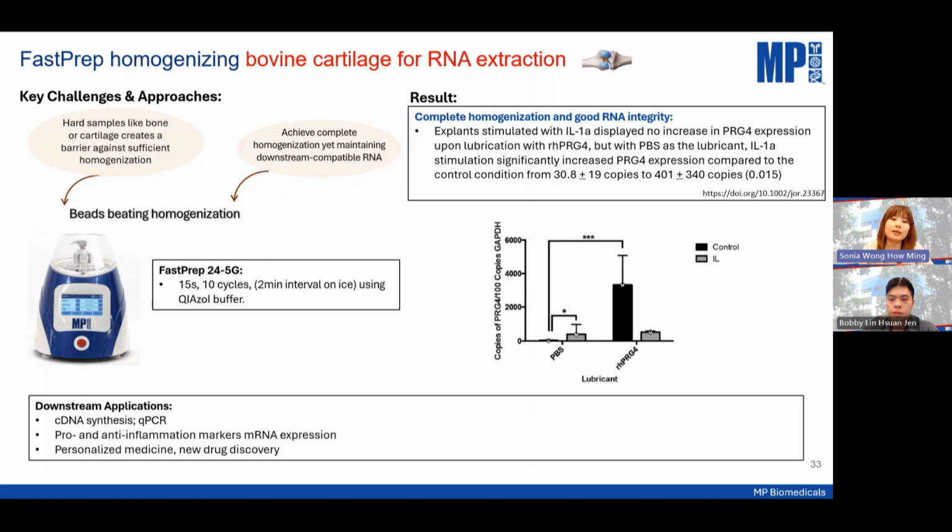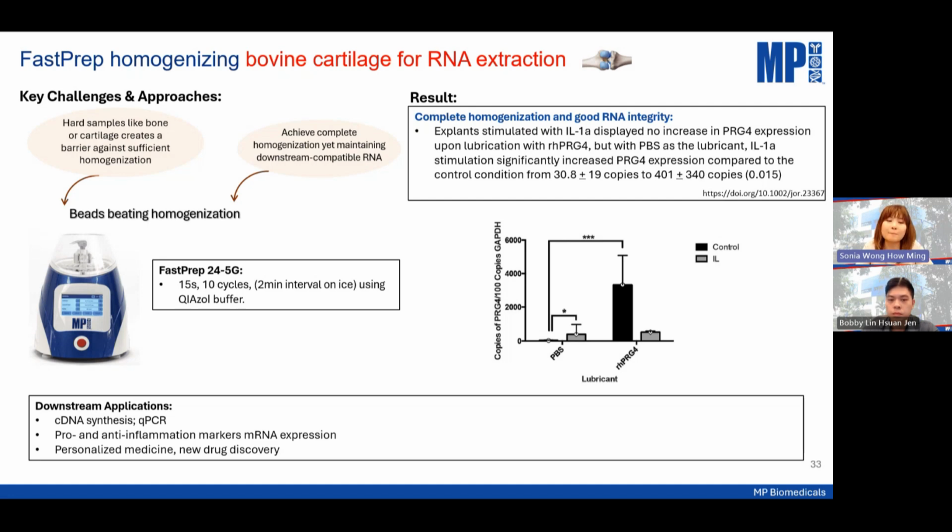And it is hard, especially for RNA extraction, when we want to take care of the integrity as well. That means we don't want to pound the sample too much to the point that RNA is degraded. So another challenge here would be to achieve a complete homogenization, yet maintaining downstream compatible RNA, meaning your RNA is still usable for your downstream applications.